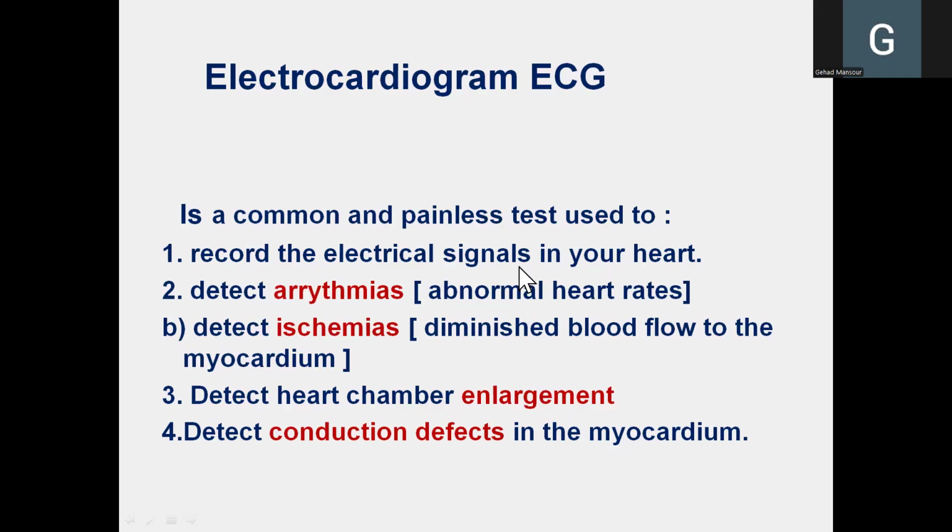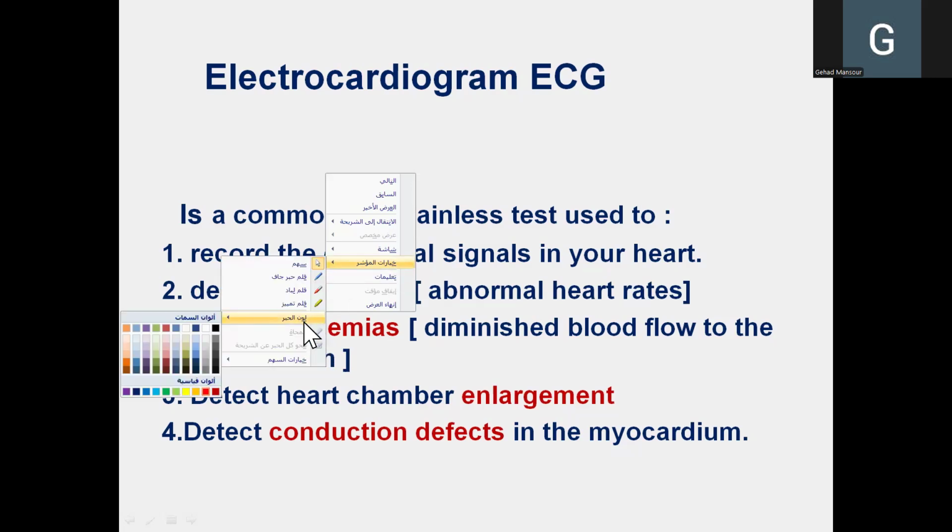Good morning. This is a short video to explain the fundamental concepts of the ECG, or the electrocardiogram. Of course, the suffix gram means recording or tracing, cardio means heart, and electro means electric activity.